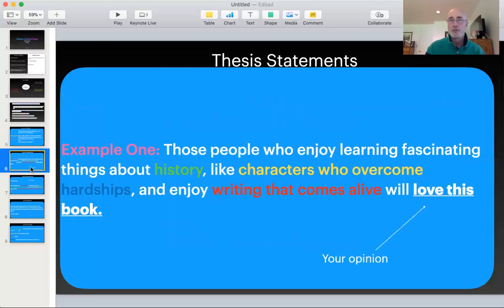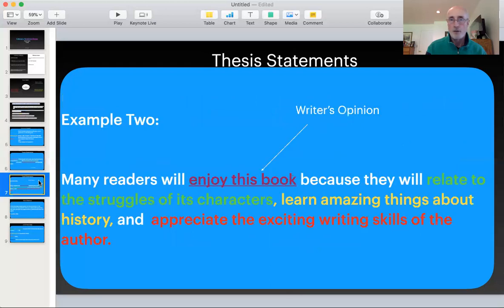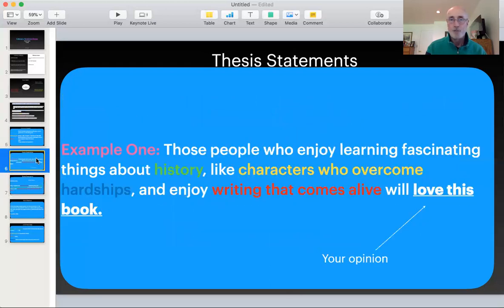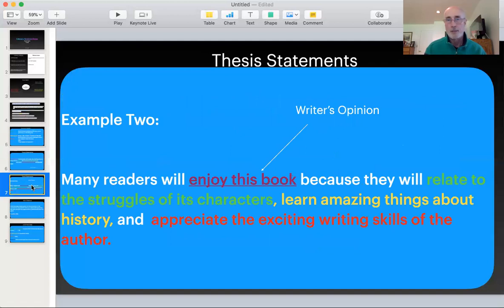Let's take a look at some example thesis statements that give you an idea of the hook and the thesis. Let me start with a second example here because it's got this line: many readers will enjoy this book. That's the opinion right there, as opposed to many readers will find this book confusing, or many readers will wish they never wasted their time.